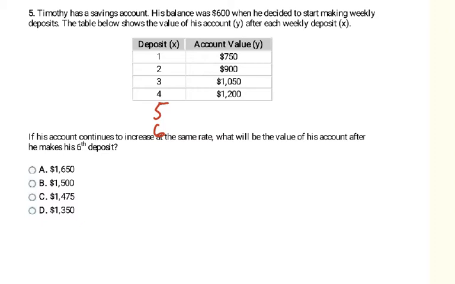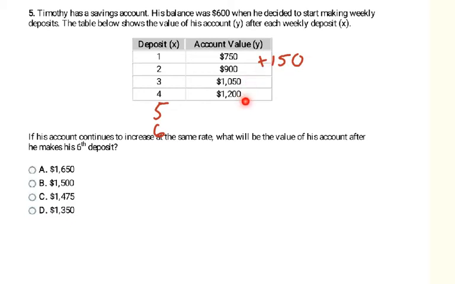And now I need to make sure that this y side follows a pattern. So 900 minus 750 is 150. So this is increasing by 150. Okay, let's just double check that it follows through the whole table. 900 plus 150, that's 1050. 1050 plus 150 is 1200.